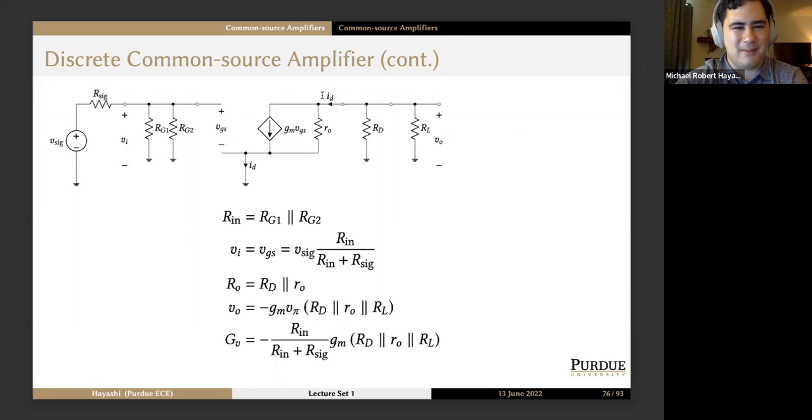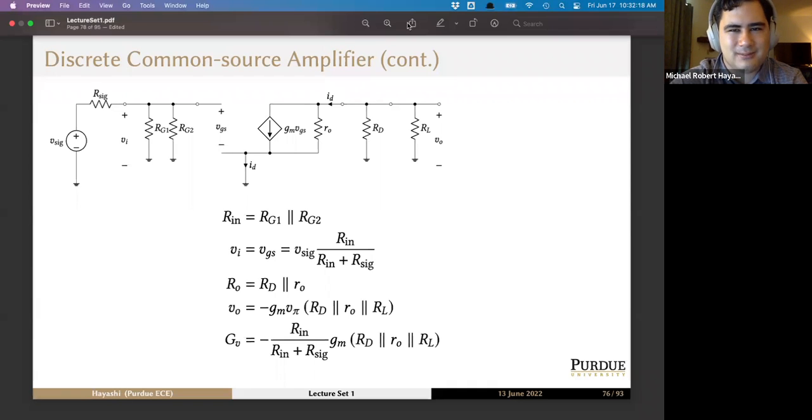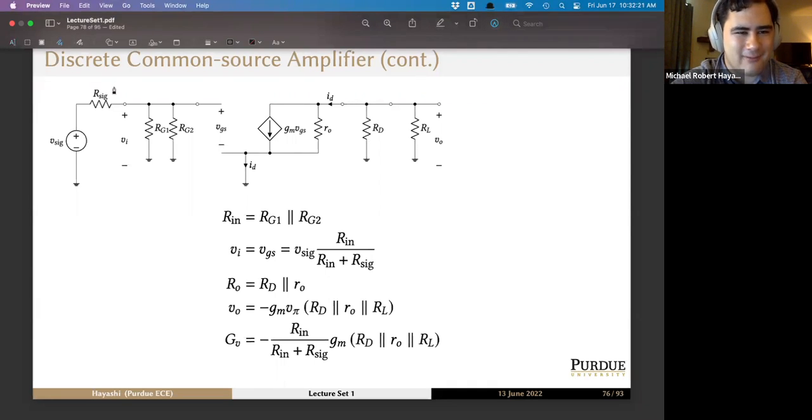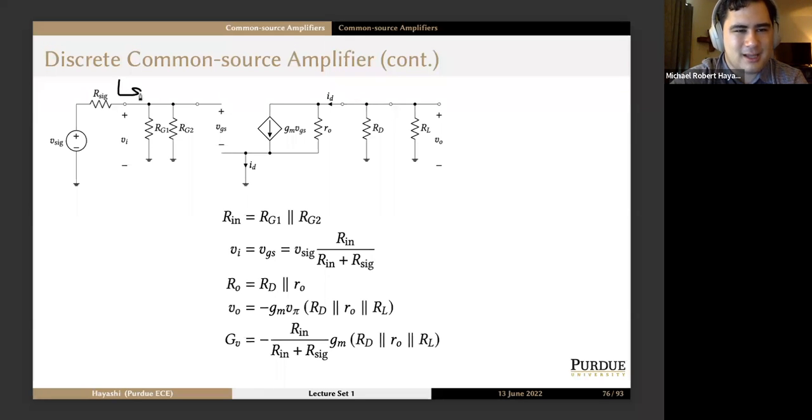And we decide to use our hybrid pi model here for the transistor, which is the open circuit, the voltage controlled current source, and the output resistance. So if we were to calculate what Rn is for this configuration, we would look to the right of VI. Rn, remember, looks like the resistance looking in to the right of VI. So here we don't see just the voltage source anymore. I realize this may be contradicting something I said earlier, but we've fundamentally changed the circuit here.